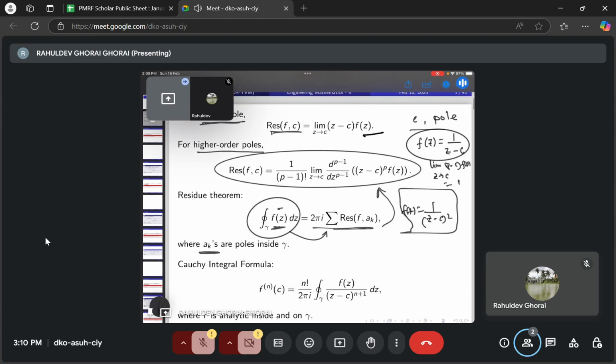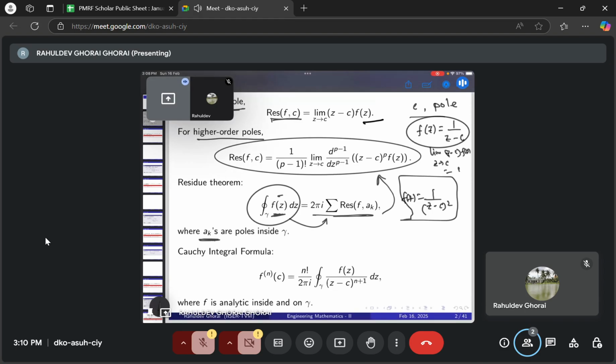This integration for an arbitrary function is not easy. But if you know the poles the function has, you can find the residues because you know the function definition explicitly, and then you just directly write 2 pi i times the summation of residues of the poles.